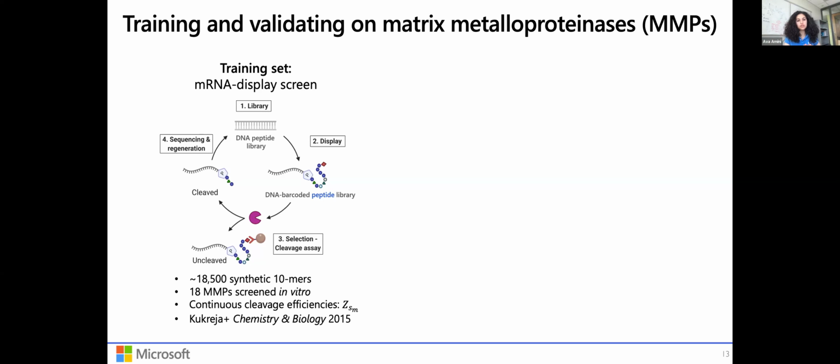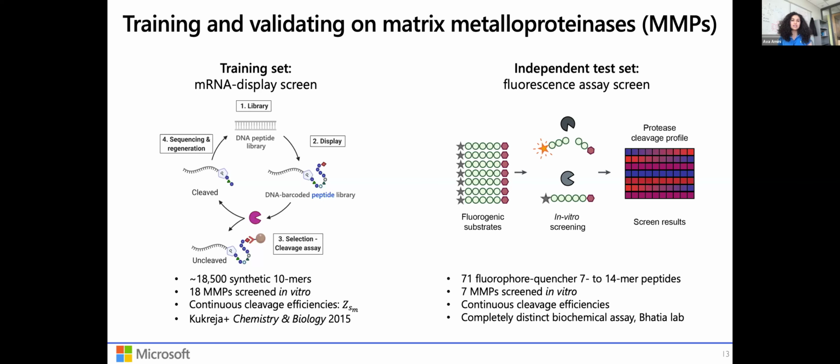We also wanted to test the ability of CleaveNet to generalize to completely distinct experimental setups and biochemical assays. And so to that end, we leveraged a completely independent test set that was brought together in the Bhatia lab, which consists of a totally distinct assay setup. And here, the substrates are not displayed by mRNA display.